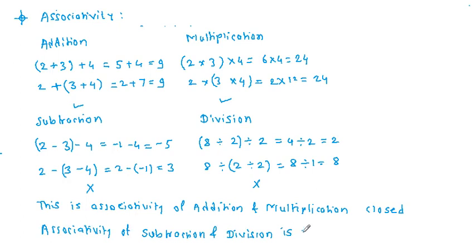So we say associativity of subtraction and division is not closed for whole numbers. So this is about associativity property.